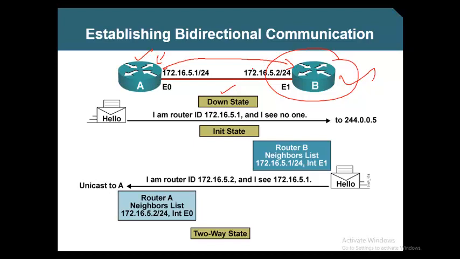I thought even if we enable OSPF in both the routers at the same point of time, it will come directly to init state. No, initially down state, and one of the routers should accept the hello packet. Until the time of acceptance, it will be in down state only. Correct.